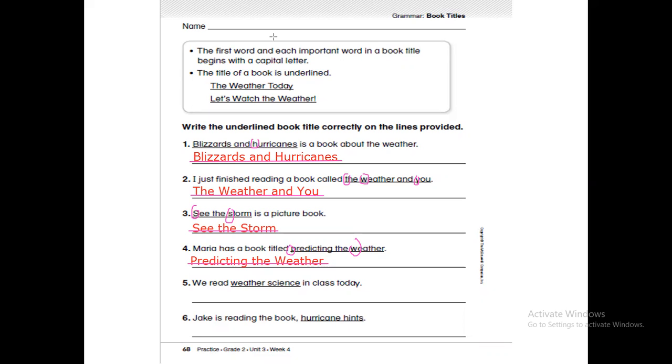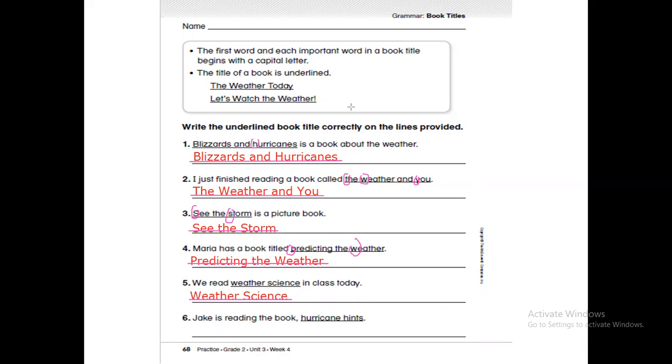We read Weather Science in class today. We're going to capitalize weather and science. Underline the title of the book. Use a ruler when you underline it, okay? Jake is reading the book Hurricane Hints.